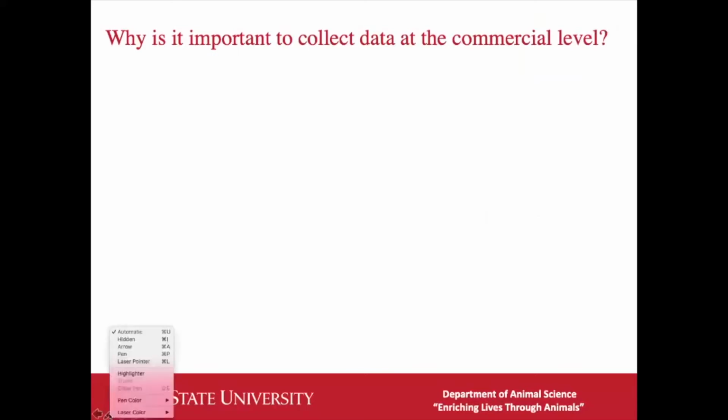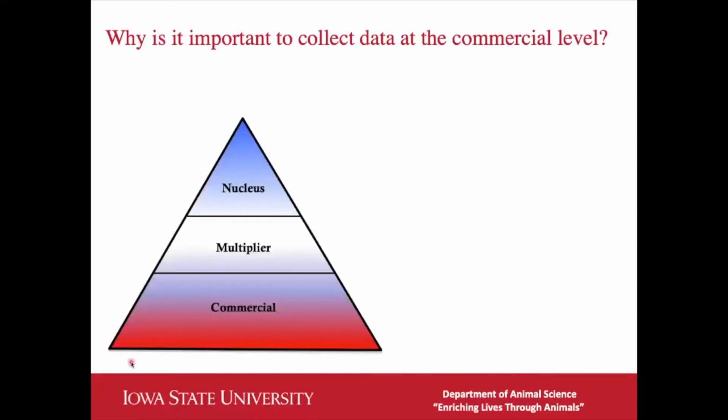If you think of a typical breeding scheme in swine production, it has this pyramid shape with three tiers: the nucleus at the top of the pyramid, the multiplier, and the commercial level. From a genetic standpoint, think about the Landrace nucleus.